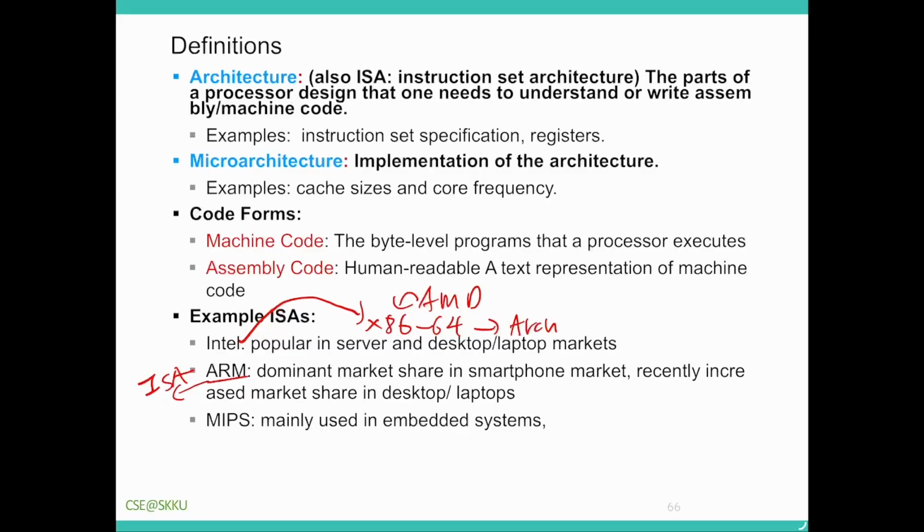Those are the Qualcomm microarchitectures that are made based on the ARM architecture. Apple also makes ARM architecture processors. So their microarchitecture implementations are, for example, the M1, M2, the M series of the processor.